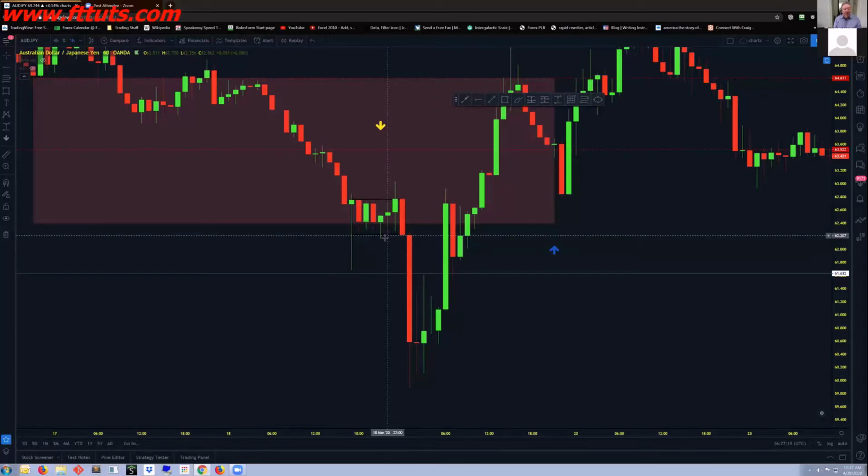An inside bar is just a bar that's inside the previous bar. The previous bar is a wide-ranging bar, and the next bar that is inside of that bar is the inside bar. So you can see how this bar is inside of the range of this bar right here. I'm using the entire range, the high to the low.